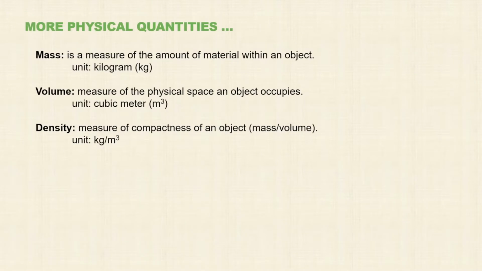And more physical quantities, more definitions. These are things we are used to every day, but let's formally define them. What is mass? Mass of an object is the measure of the material, measure of the particles that are inside an object, the measure of the amount of material.